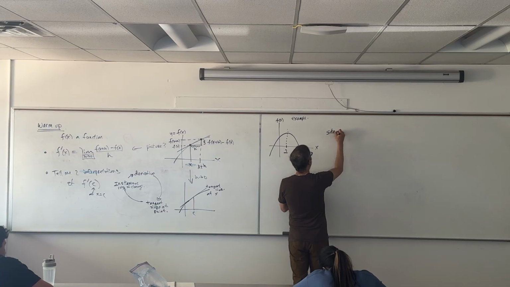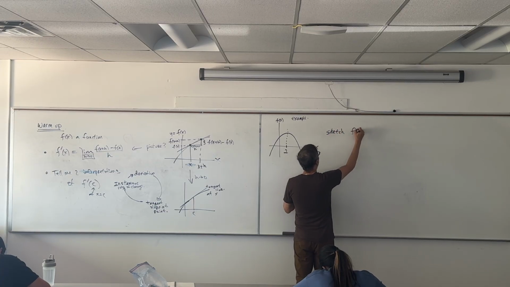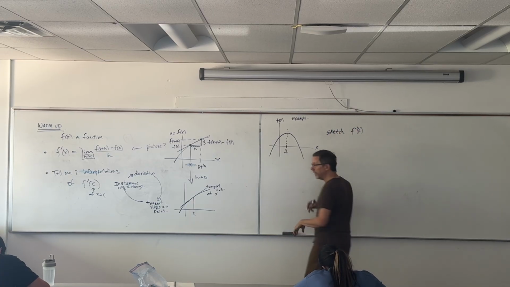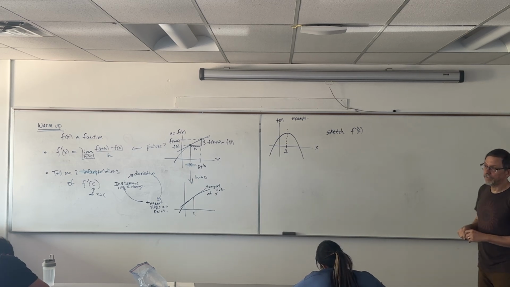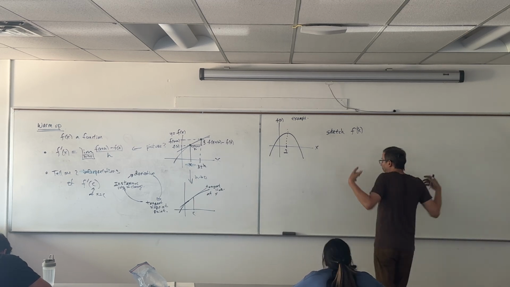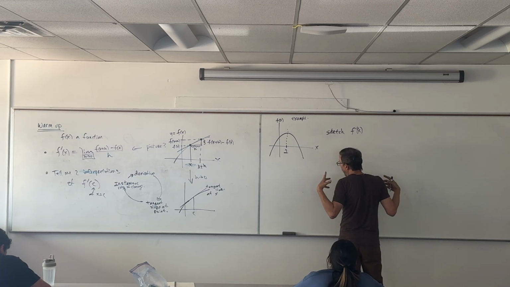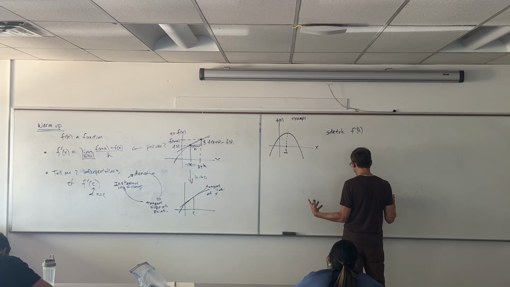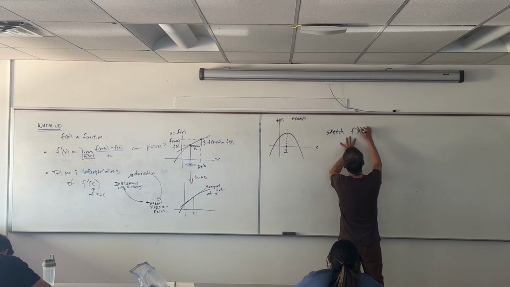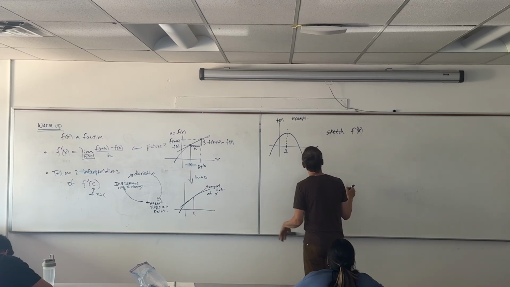So I want to sketch f prime of x. This is the thing we're going to work on a lot today. We're talking about interpreting the derivative and how do I get a feel for it. Before we start cranking out formulas, and we will, especially next week, we want to understand what this thing is. We want to be able to talk about it and have pictures in our head.